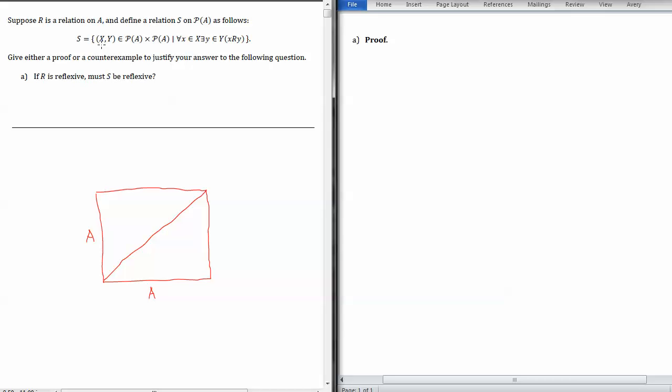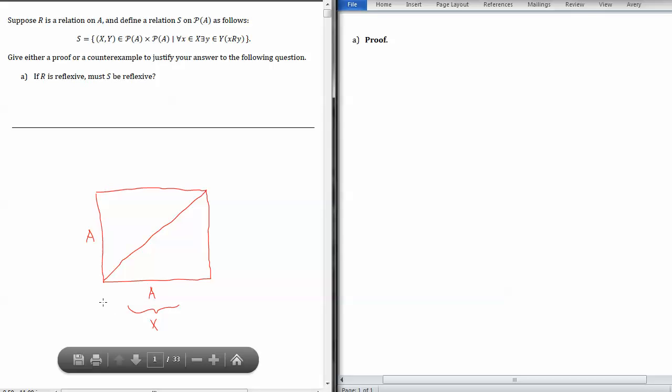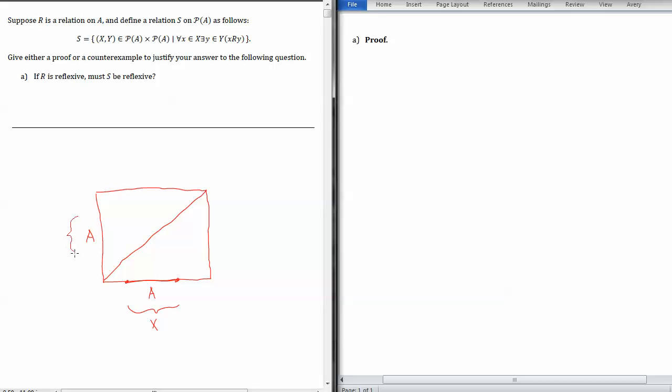set capital X in the power set of A. In other words, X should be a subset of A. So maybe I'll take it somewhere in the middle of A here, right? It's basically this piece, and then I'll draw that same X in this other copy of A over here. Try to make it about the same length, okay?